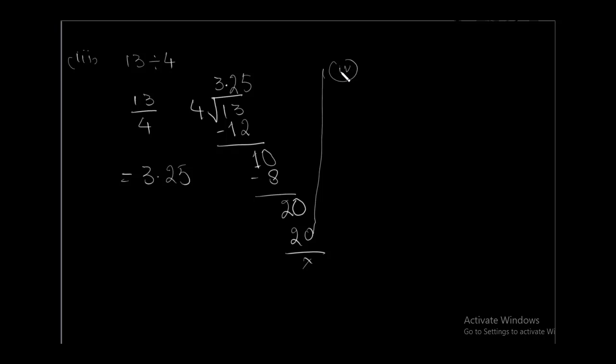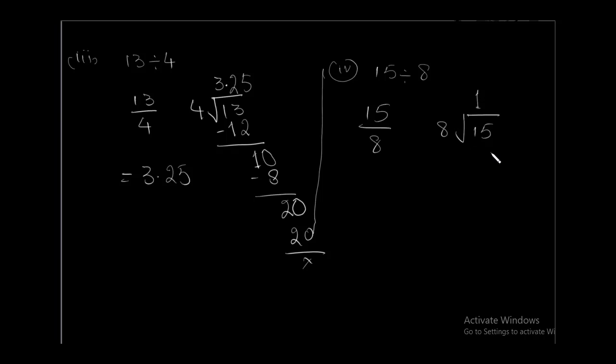Next we have the last and final example of converting a fraction into decimals, which is 15 divided by 8. So let me write 15 divided by 8. 8 ones are 8.